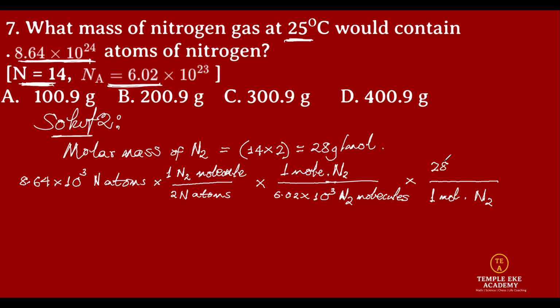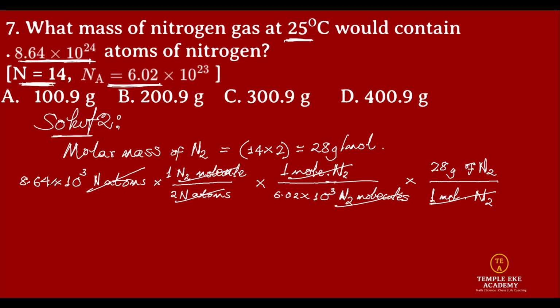So we have 28 grams of N2. Beautiful. And now we can see clearly these units can cancel out. Nitrogen atoms cancels nitrogen atoms right there. Nitrogen molecule cancels nitrogen molecules. And then 1 mole of nitrogen cancels 1 mole of nitrogen. The surviving unit here is grams of nitrogen.